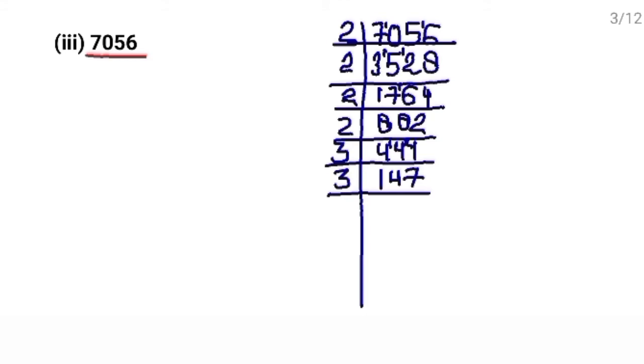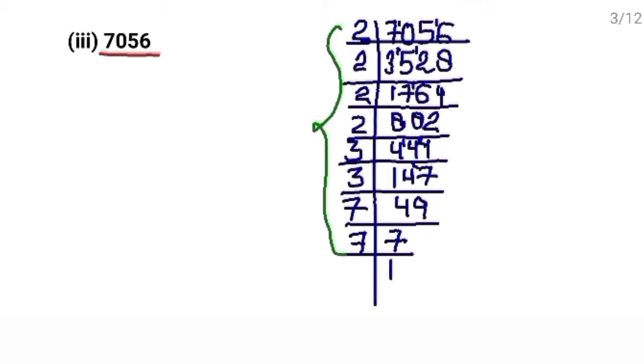This is again divisible by 3. 3 fours are 12, 2 is remaining, 3 nines are 27. Now this is not divisible by 3. Again, the last digit is neither 5 nor 0, so this is not divisible by 5. Next prime number is 7. 7 sevens are 49. 7 ones are 7. So these are the prime factors, right?